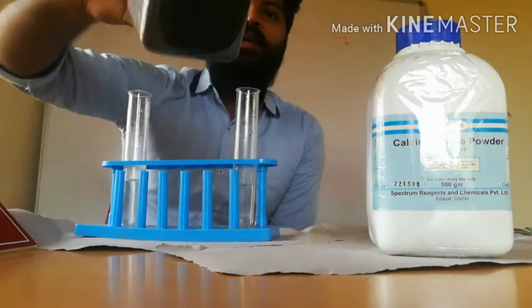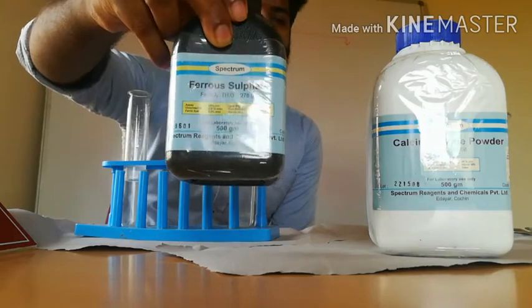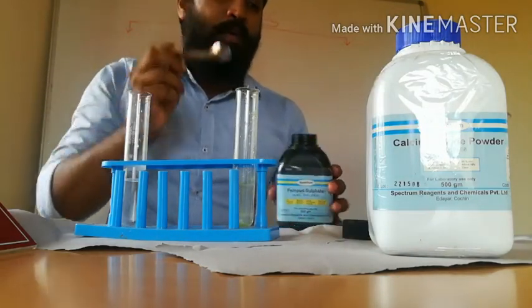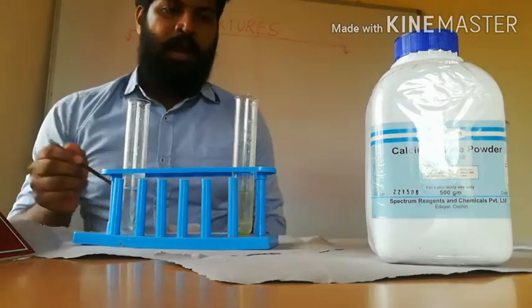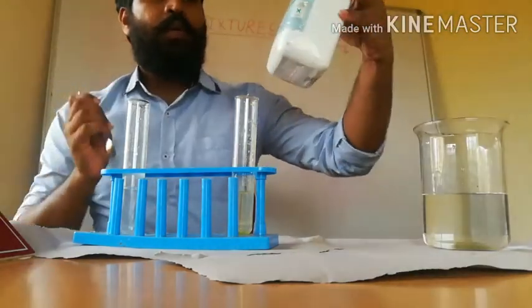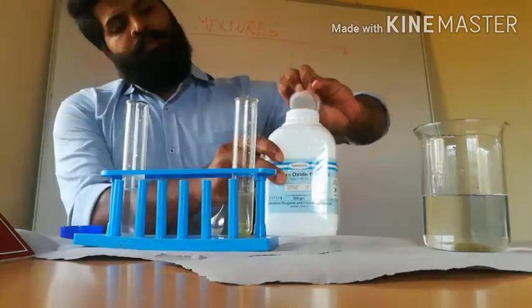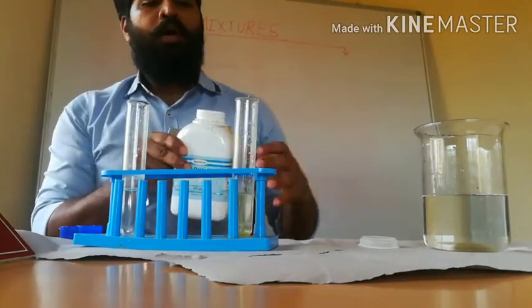Let us add ferrous sulfate crystals, a quarter of a spoon of ferrous sulfate, put it in water, and in the second test tube, let us take calcium oxide powder, CaO. We are mixing two pure substances.